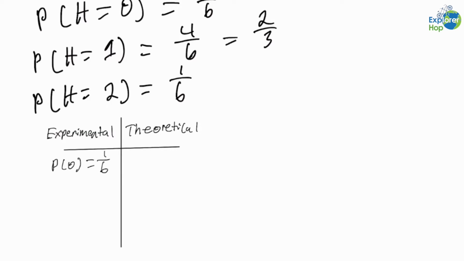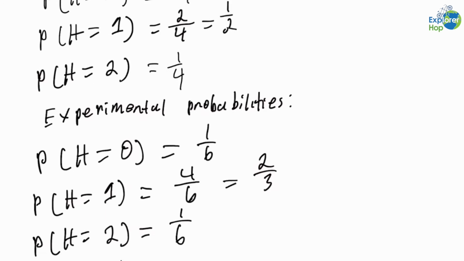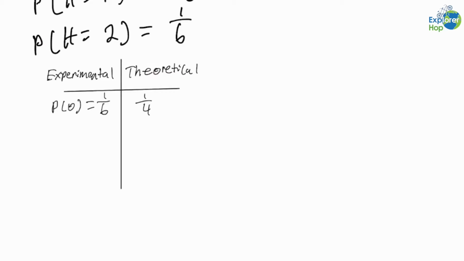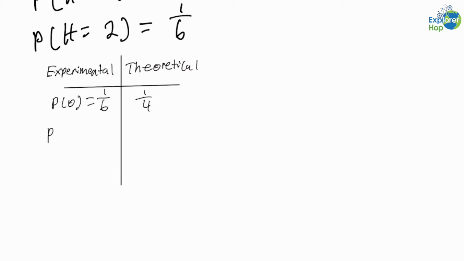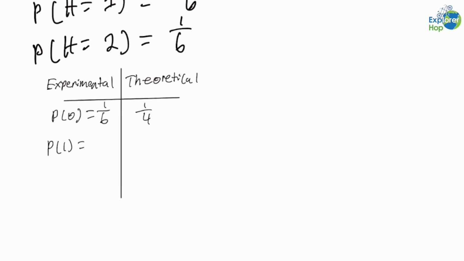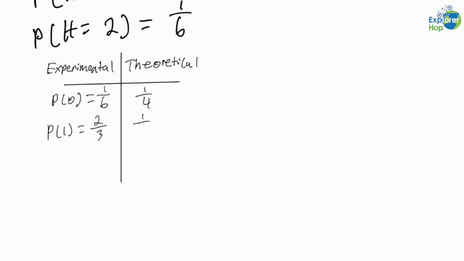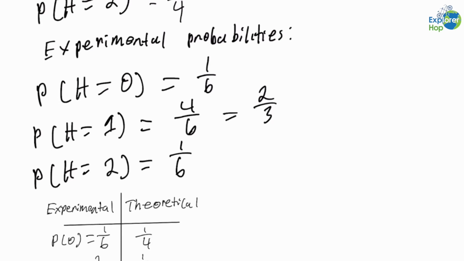The theoretical probability is equal to 1/4. For h equals 1, the experimental probability is equal to 2/3. Theoretical probability is equal to 1/2. And for h equals 2, the experimental probability is equal to 1/6. And the theoretical probability is equal to 1/4.